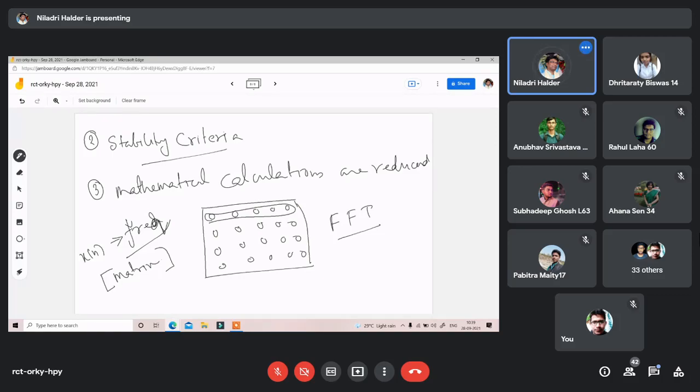Let me elaborate a bit. When there is a simple matrix in the time domain, suppose you do multiplication of that matrix, you consider each and every value at a certain time. This row multiplied by this column, this row multiplied by this column, then you get the values. So you are considering all the values in a single calculation.